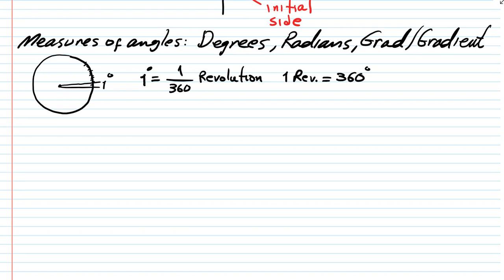Okay, now when it comes to angles themselves, special angles, we talk about right angles. A right angle is an angle whose measure is 90 degrees. I used this degree symbol here and here. It's a null symbol or sign.